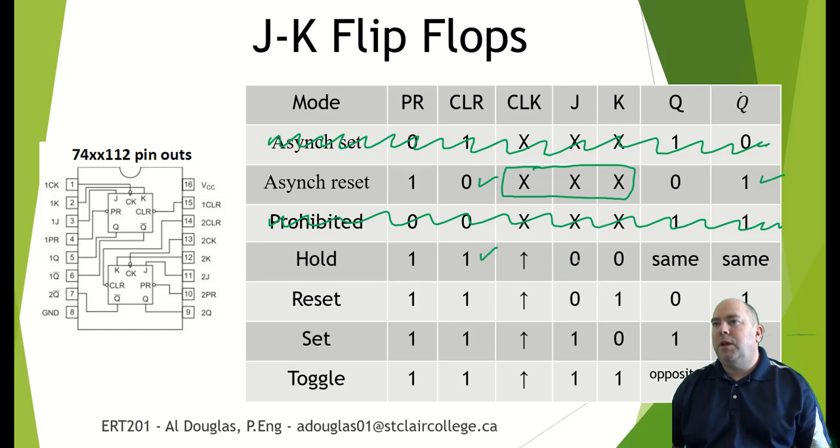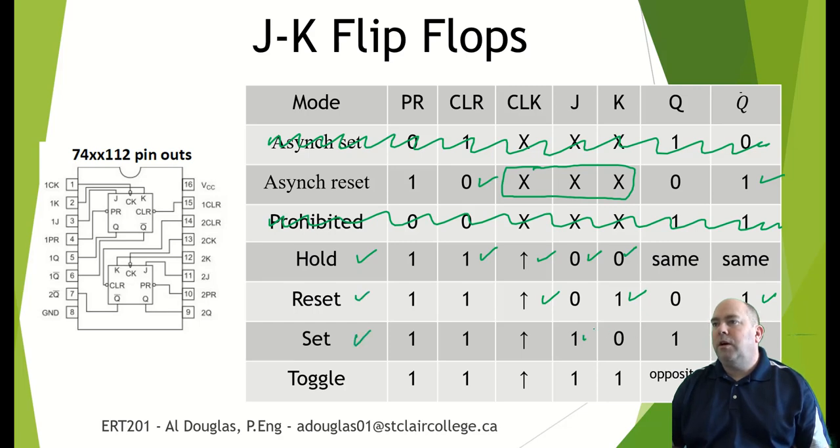And we should be able to see the hold. If we have J and K both off and we clock it, it'll stay in the same state. K on when we clock it will give us a reset.